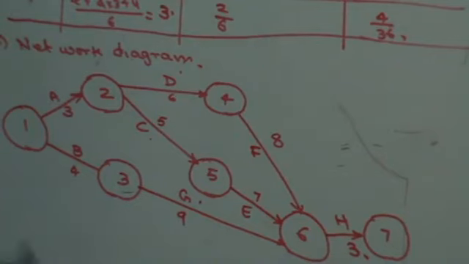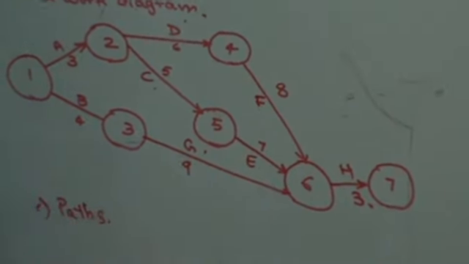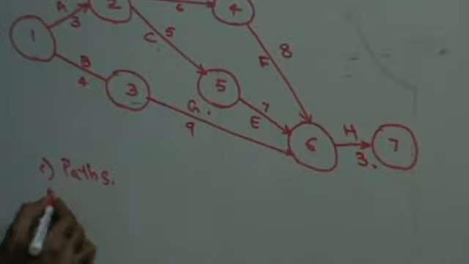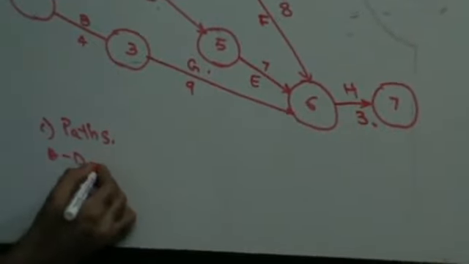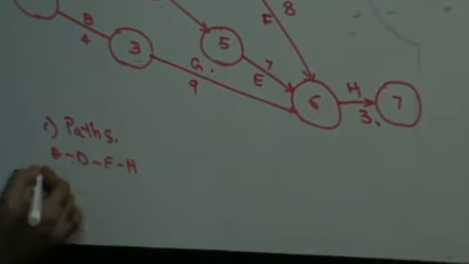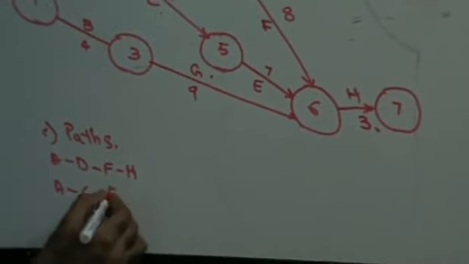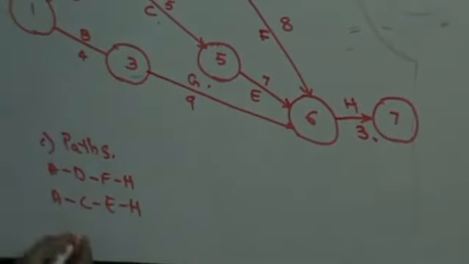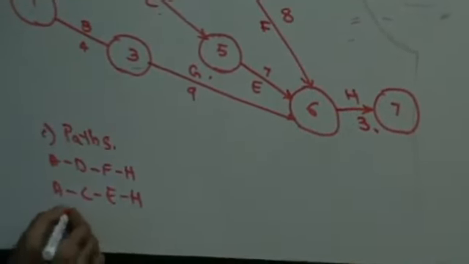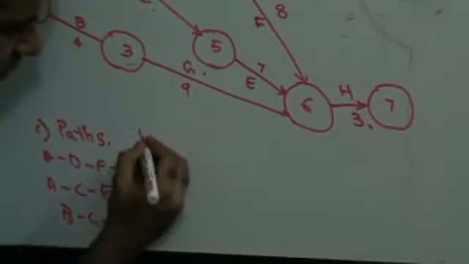Once my network diagram is ready, let's calculate the various paths and the duration. The various paths that I have are A, D, F, H. Then I have A, C, E, H. Then I have B, G, H. These are the 3 paths I have.